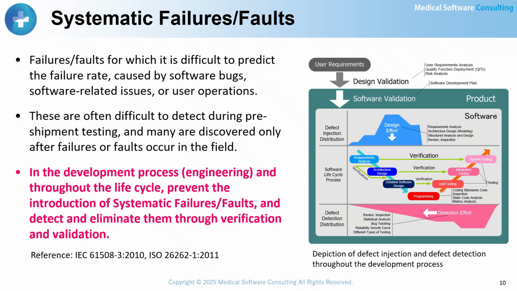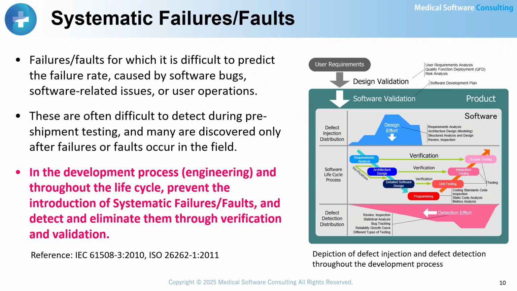To address this, manufacturers must prevent the introduction of systematic failures and faults throughout the software development process and life cycle. This is done through careful design practices and by detecting and eliminating problems using verification and validation activities. As shown in the figure on the right, in the early stages of design, the focus is on preventing defects from being introduced.